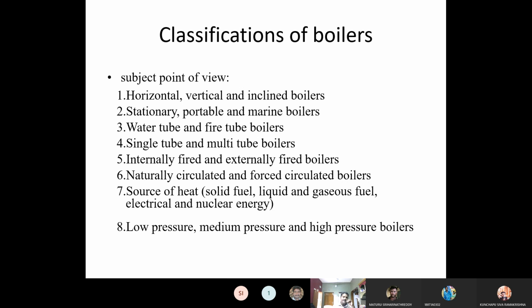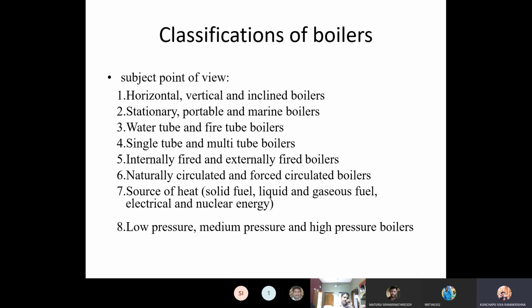Internally fired boilers means the firing hot gases are flowing internally.